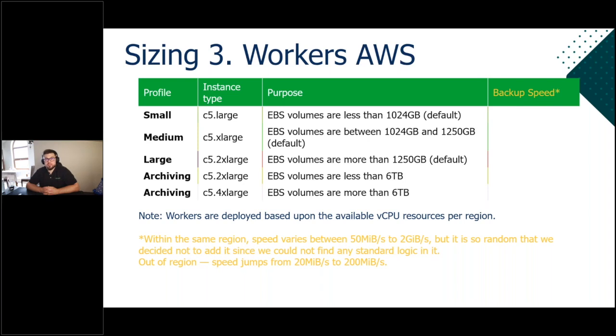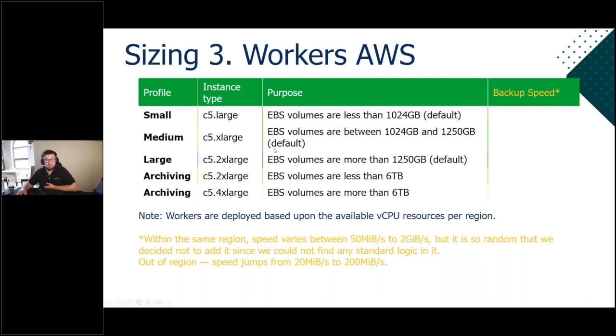And we couldn't find any, well, not the logic, but structure behind it to put some speeds here. We can definitely say about 200 megabyte per second, but it can be even higher. So 50 megabyte per second is a corner case, and usually it's like 200 megabyte.